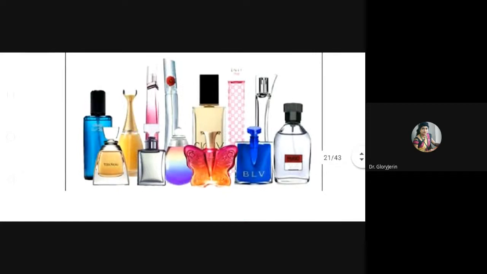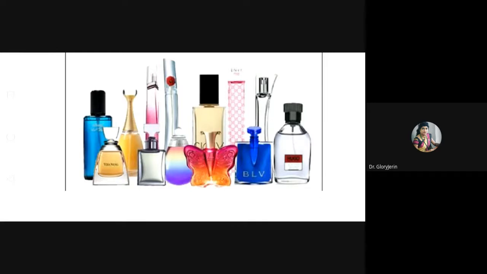This is the modern perfume bottle. So we can gender a product or gender a brand, meaning associating the image, yes, in the perfume bottle with certain gender role stereotypes in the mind of the consumer. We can see the stereotypes in the mind of the consumer when associating a product.